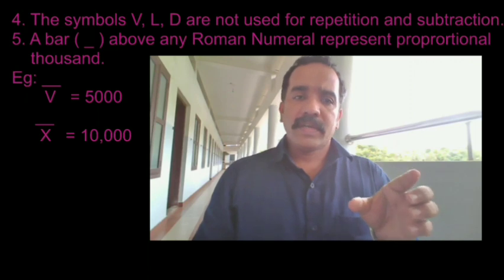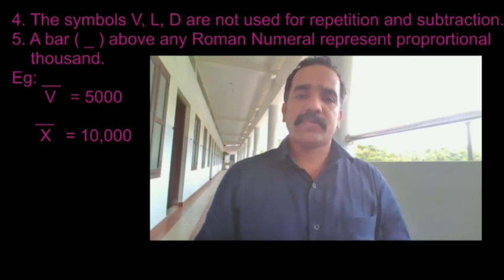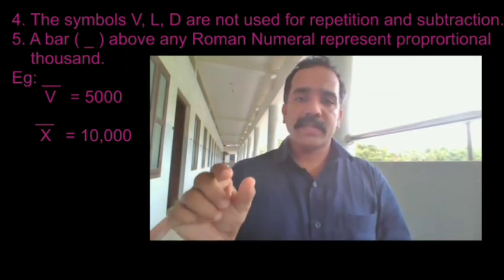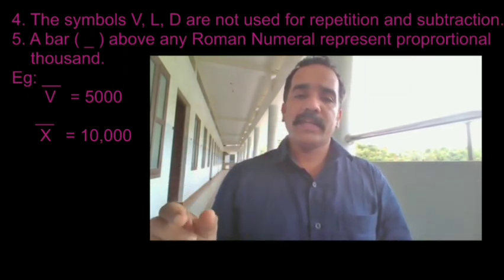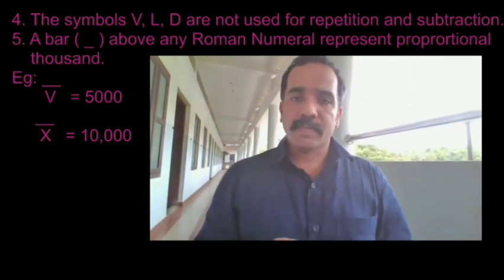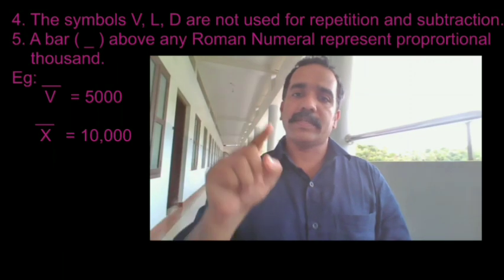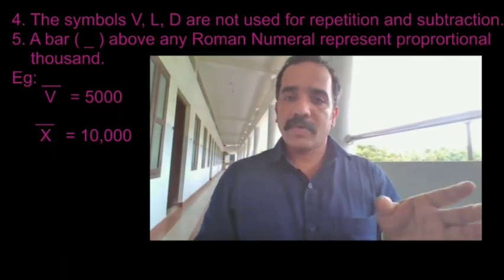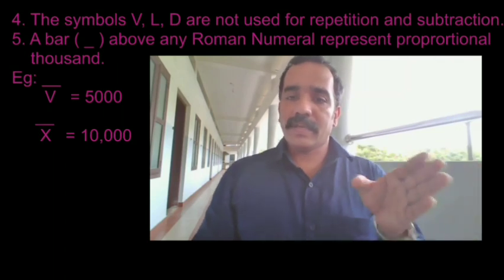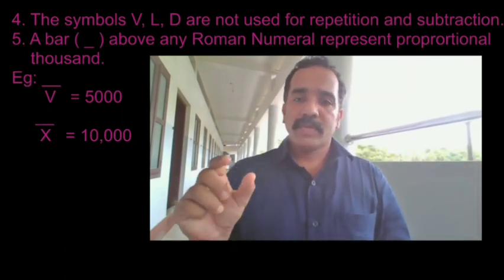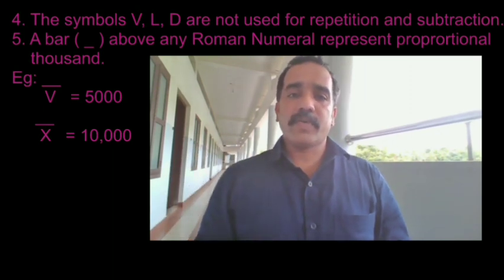And for subtraction also, these three symbols V, L, D cannot be used. That means we cannot write V, L, D on the left side of a big symbol. For example, VX we cannot write, or CLC we cannot write. So that is the fourth rule.